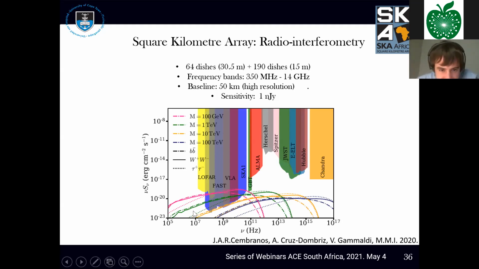So the sensitivity of your telescope is very important. Remember, because dark matter interacts weakly with the rest of the particles, the signals that we get from the annihilation of dark matter are quite weak. So you would expect a high sensitivity telescope such as the SKA.